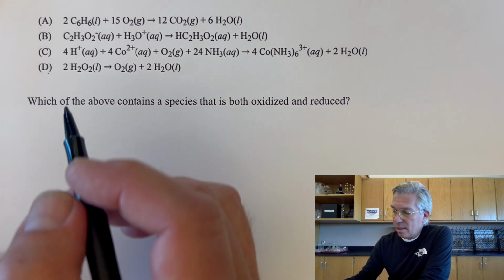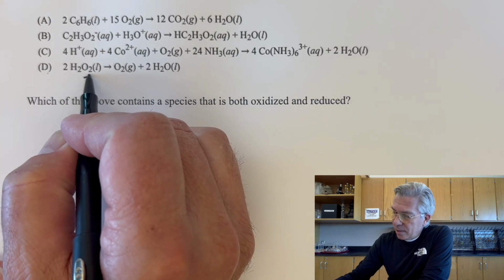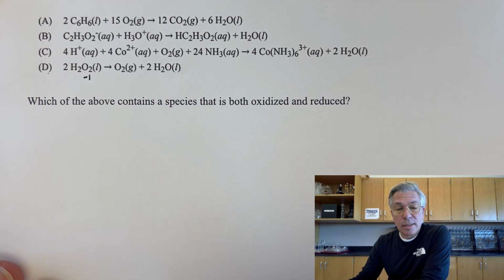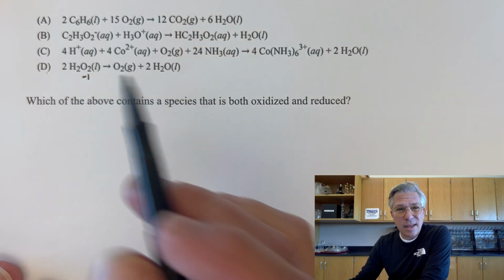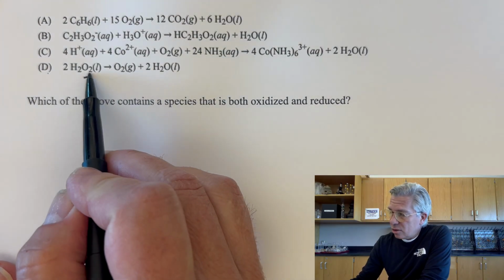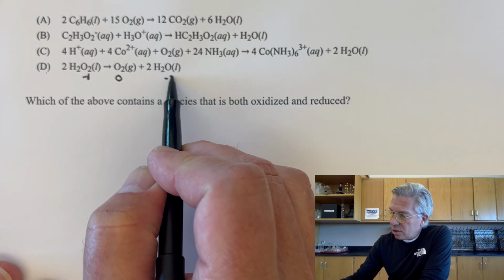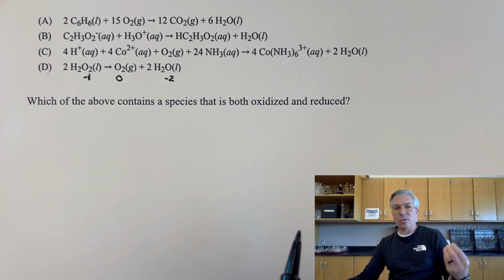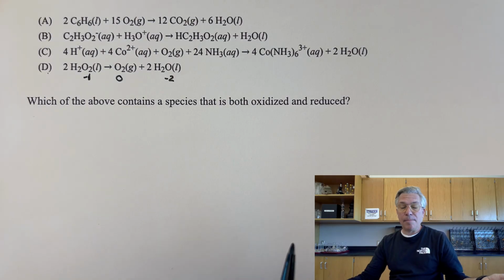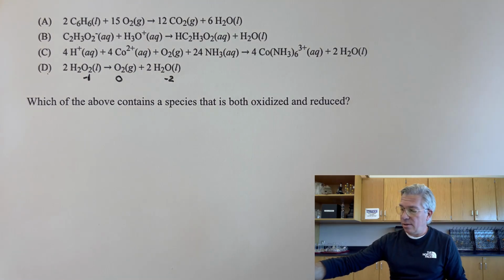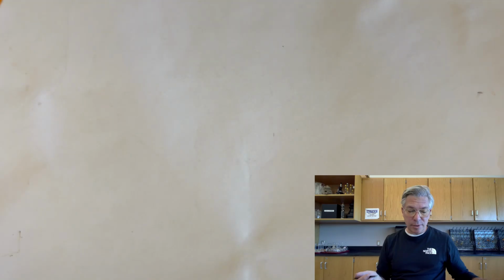It's one of those rare peroxide things where oxygen is actually -1 in a peroxide compound. You had to recognize that, and I'm sorry if that's a rare situation. But over here, oxygen is 0, and here oxygen is -2. So one of the oxygens goes up, and another one goes down. That was a tricky one.